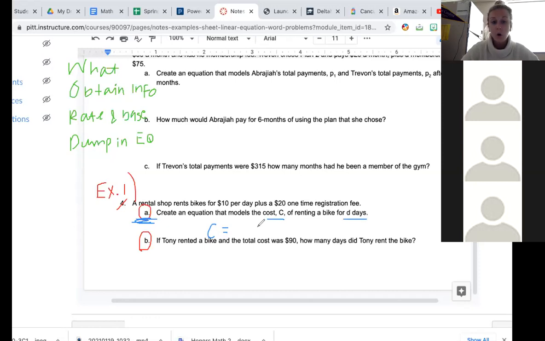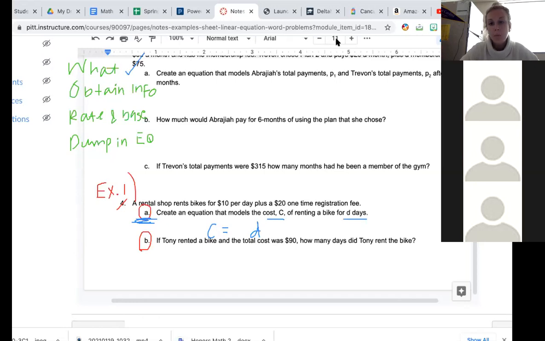So what's the variable on this side going to be? D. Very good. So that's why we need to read the question first. We need to know how to set up the equation. So we know it's going to be C equals something D and then whatever the base is, right? All right. So we just did the what? We read the question.